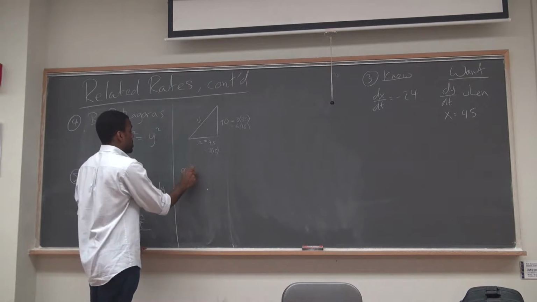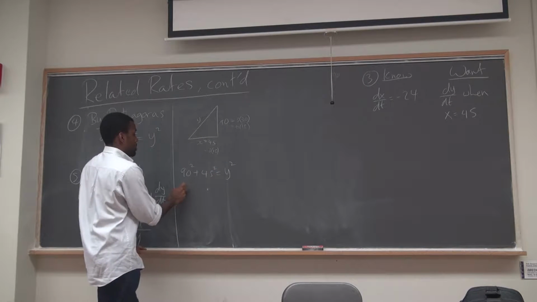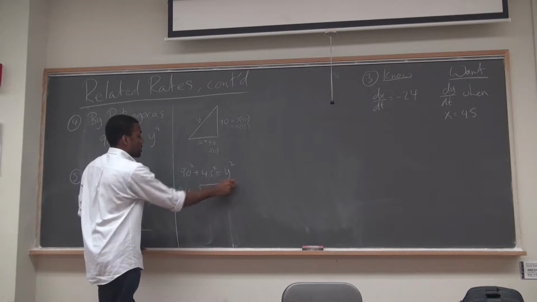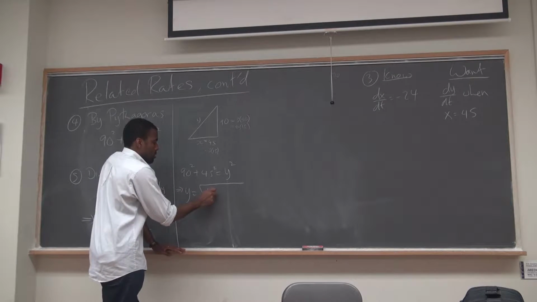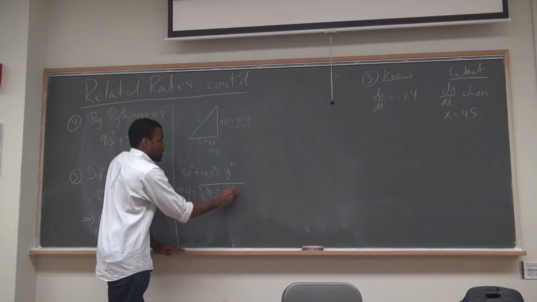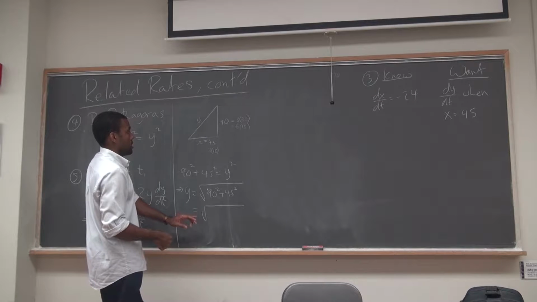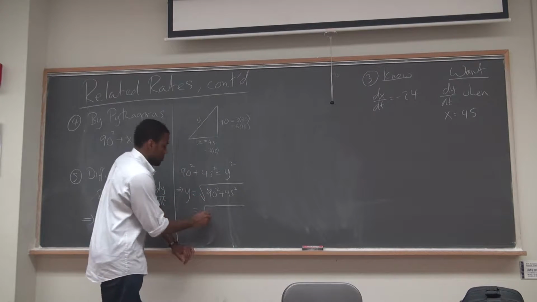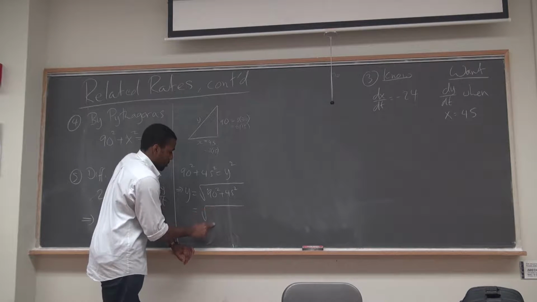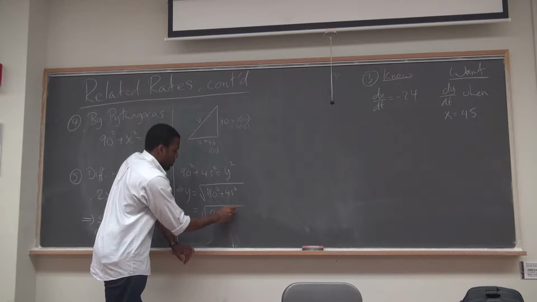So I have 90 squared plus 45 squared should give us y squared. This means that our y is equal to the radical, plus or minus technically, but it's a distance, so we're only taking the positive one. Radical of 90 squared plus 45 squared. Now, we know that 90 we could write as 6 times 15. 45 is 3 times 15.